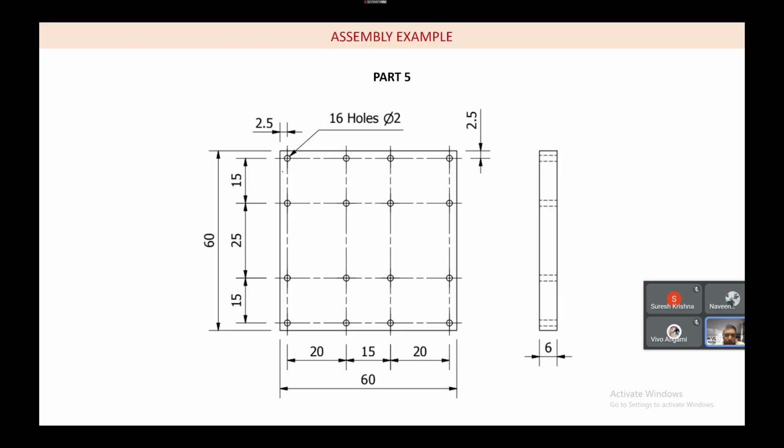So now what I'm going to do, I'm going to create this pattern. So this is 20. I'm going to just copy this hole by 20 mm. Or else I can do 20 mm, 15 mm. So I can create this unit. Go to eraser. So from one hole I can generate 4 holes.